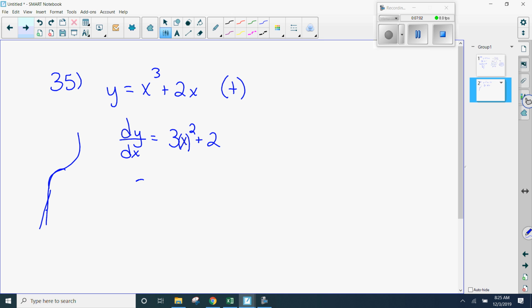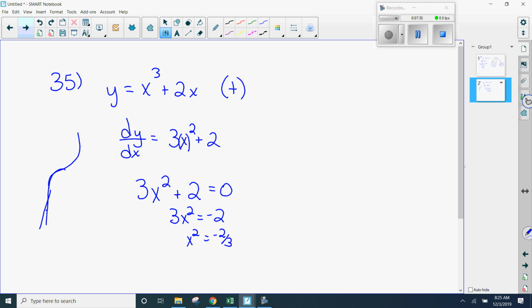The other thing you could do is you could say, okay, I'm going to take 3x squared plus 2 and set it equal to 0. If I set that equal to 0, that's going to give you a critical point where your slope may change, a pivotal point. But if I set that equal to 0, I'm going to subtract 2. So 3x squared is equal to negative 2. You're going to divide by 3. x squared is equal to negative 2/3. And then you take the square root. Can you take the square root of a negative value?